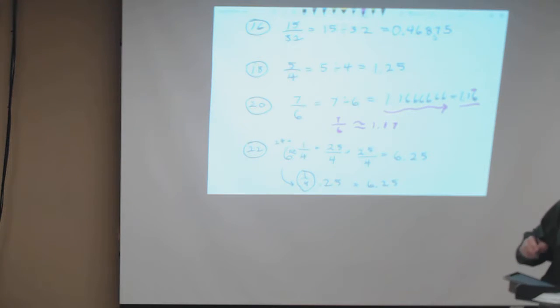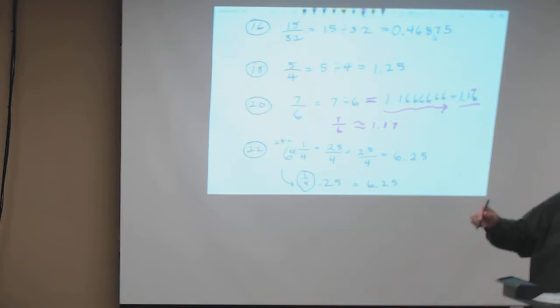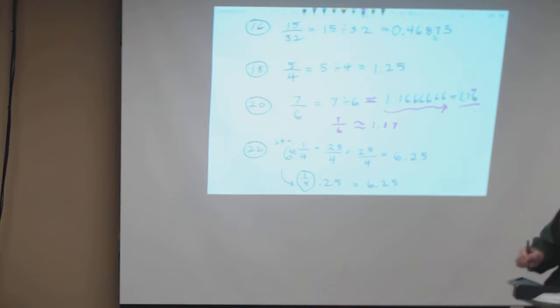And why is it approximate? Because I rounded it off. Because it's exactly 1.16 with the 6 repeating to infinity. And they want you to do the work and give it exactly. So it's just 1.16 and the line means the 6 repeats.